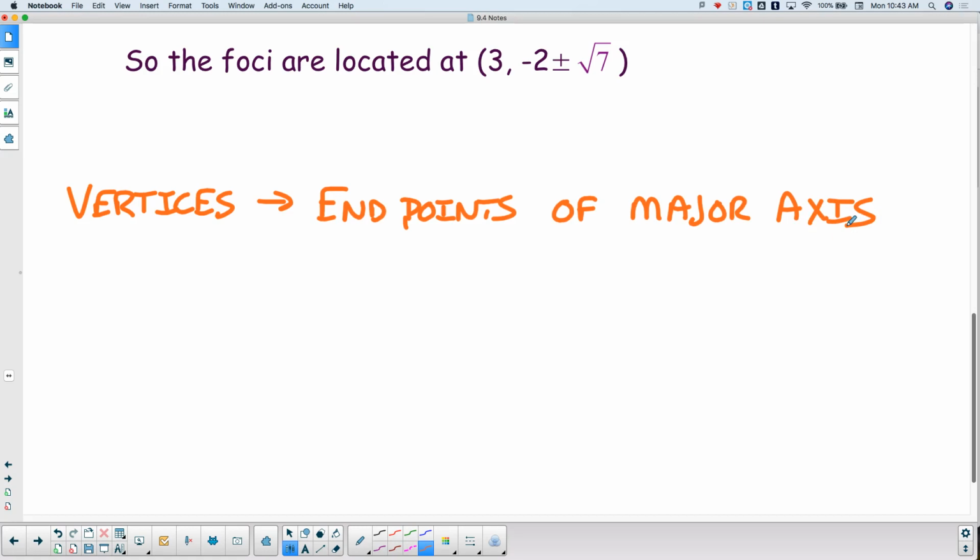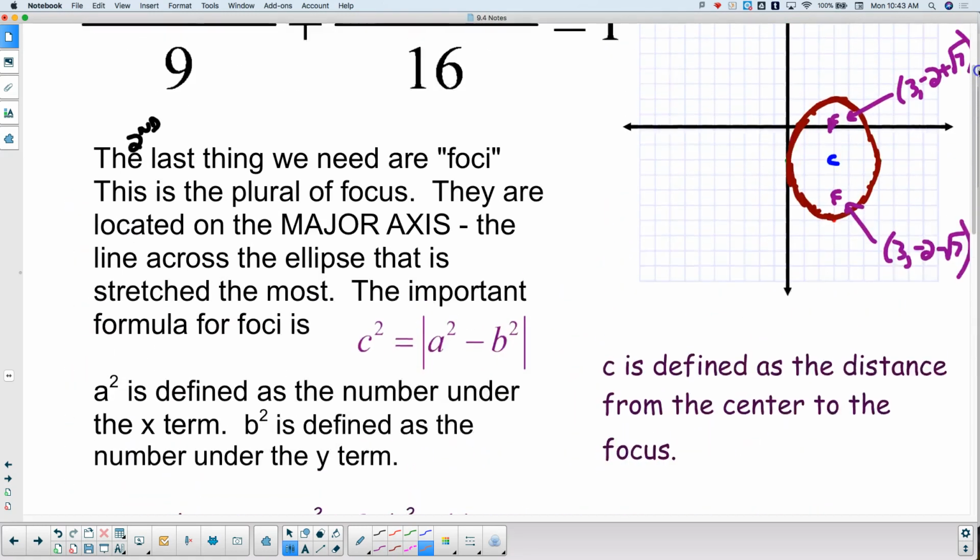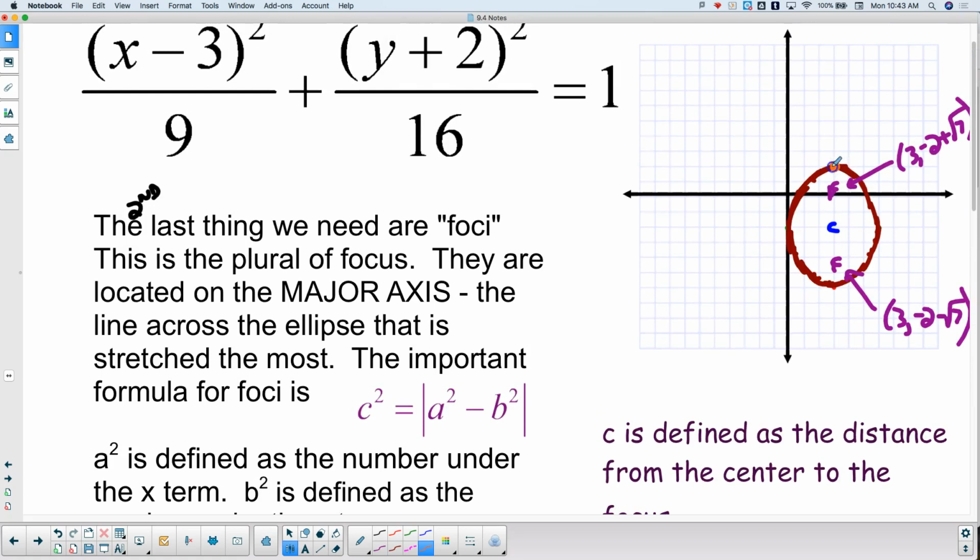So in this case, the two vertices would be here at the point 3, comma 2, and here at the point 3, comma -6.